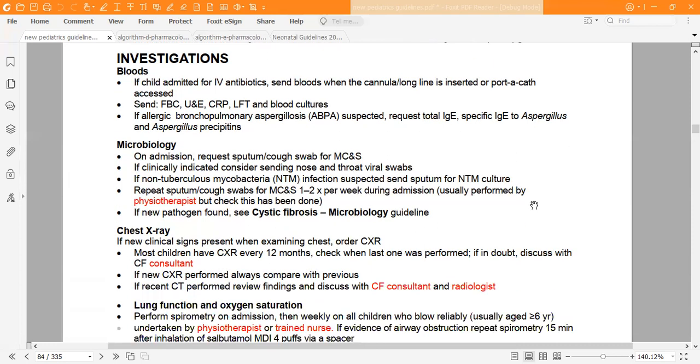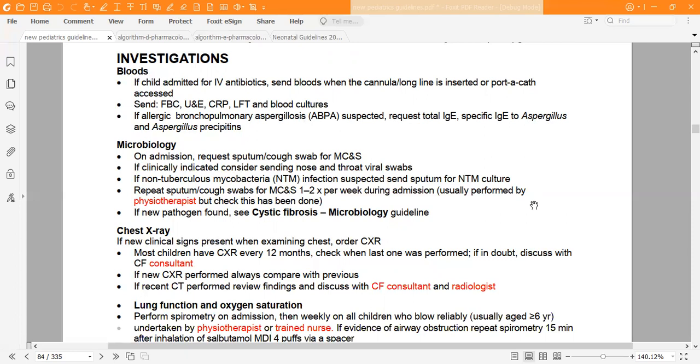Microbiology on admission: request sputum or cough swab for microscopy and sensitivity. The sputum sample is very crucial here. You have to request it, whether sputum or cough swab. If clinically indicated, consider sending a nose and throat viral swab.